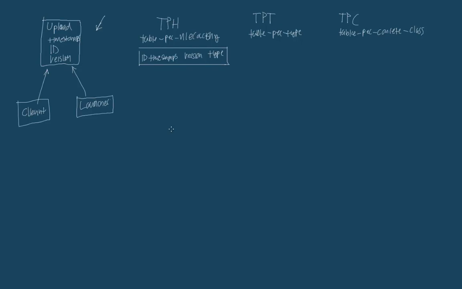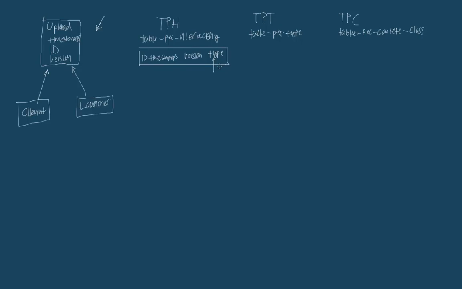Now, the important thing about TPH is we need something called the discriminator. The discriminator is a special property or a column on the table per hierarchy table that describes which entity that particular row represents. Because in a table per hierarchy, we might have one row be a client and then the next row be a launcher.